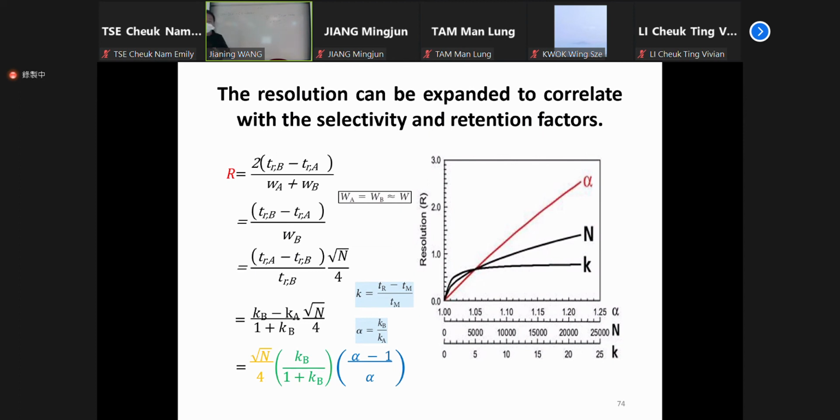So it is a waste of time and no benefits. So usually we just keep k smaller than 10. So how do we increase the resolution further? We can find some way to increase N or increase alpha, right?